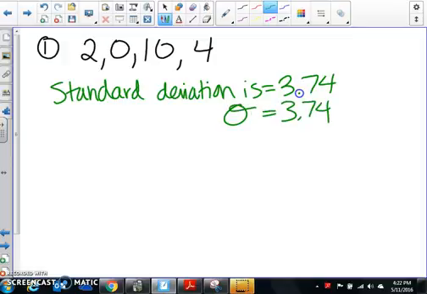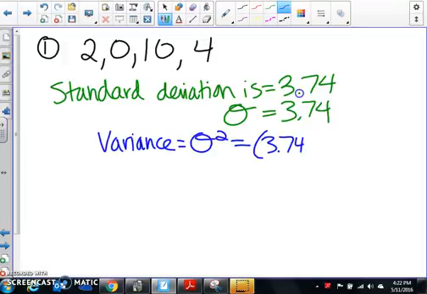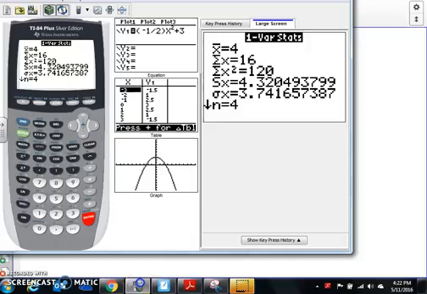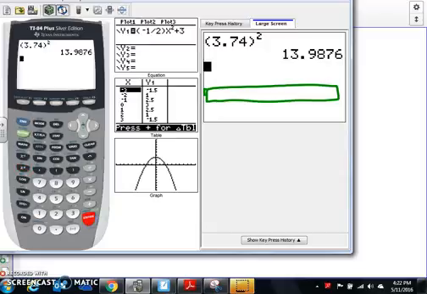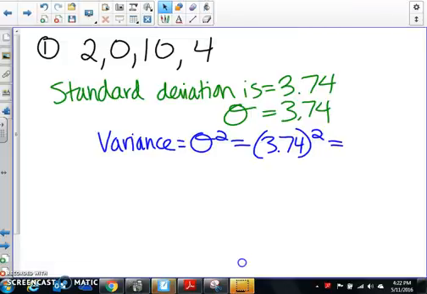All right, my variance is equal to the theta squared. So I would put 3.74 squared, and I can just go ahead and do that in my calculator. So second quit, 3.74, square it, and I get 13.9876, which rounds up to 13.99.